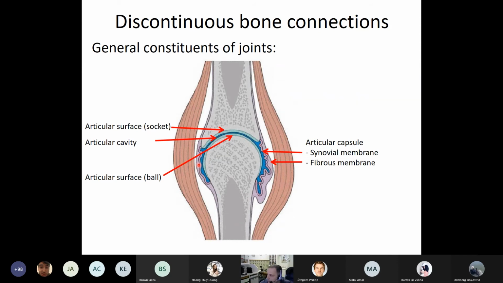It allows the movements because it makes the surfaces covered by this quite slippery material. And then the cartilage I mentioned already, the light blue color, represents the articular cartilage. It's most of the time made up of hyaline cartilage. In some cases, it's fibrous cartilage, but that's more rare.